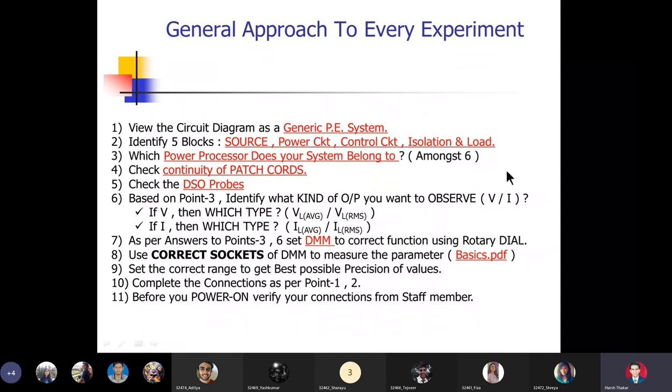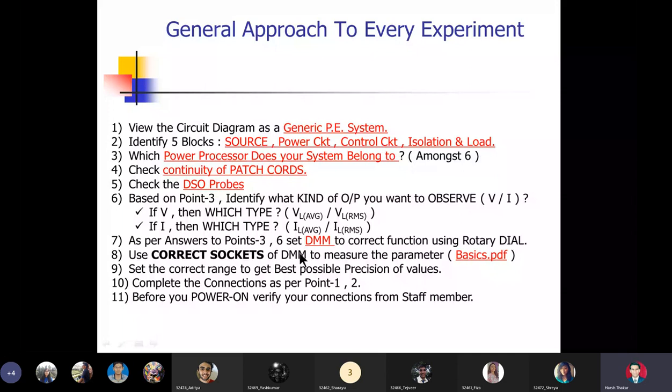When I say generic PE system, I mean a combination of 5 basic building blocks, that is input electrical energy, load, the power circuit between these two, control circuit, and isolation. Second, identify the 5 blocks, that is source, that is input electrical energy, power circuit, control circuit, isolation, and load.